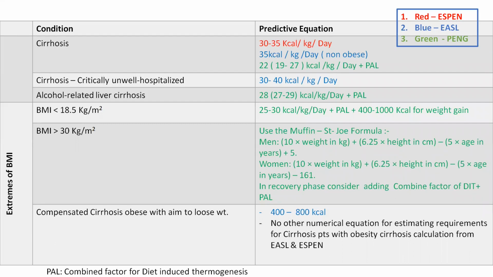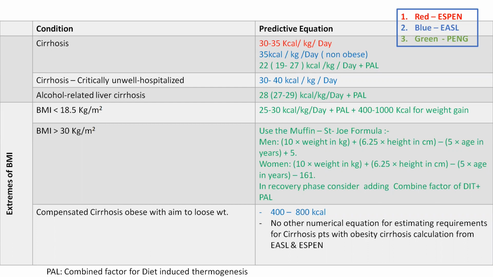Again, these are the calorie estimation equations by different guidelines. You can see the red is by SPEN, blue guidelines by EASL, and green by PENS. I am going to talk about decompensated, critically unwell, hospitalized cirrhosis patients.